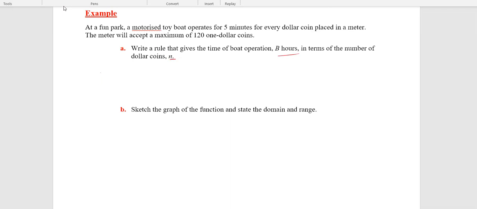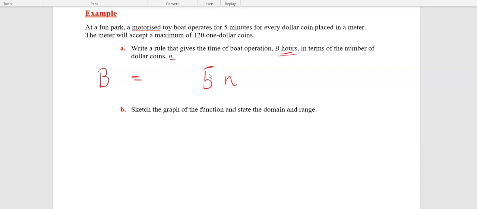So B in terms of N, our equation will be B is equal to, and N will be on this side. So we need to form this particular part. B is the number of hours, so how long will it take? 5N. But it's asking for hours, so we've got to be careful, because if we put in 1 coin, it'll be 5 minutes.